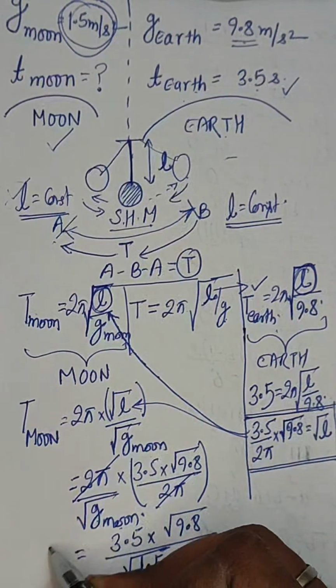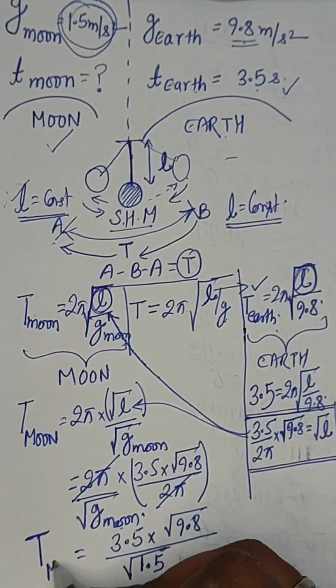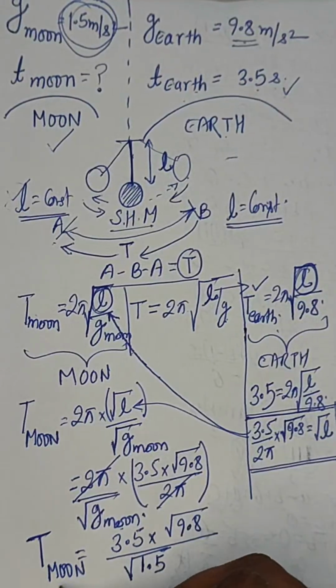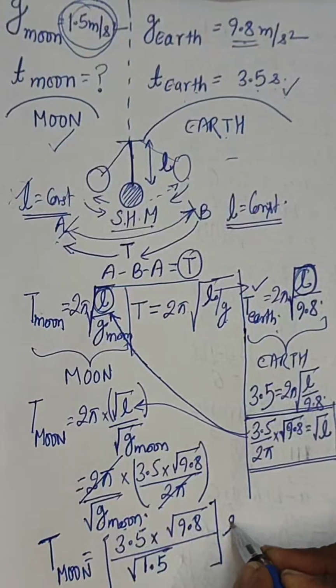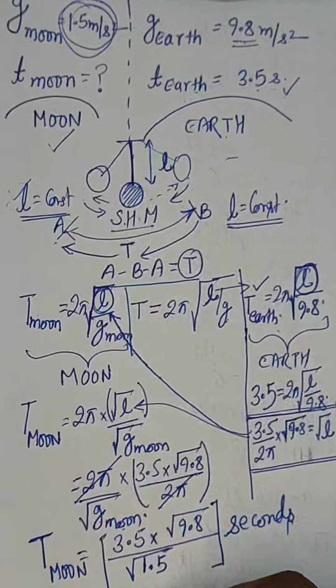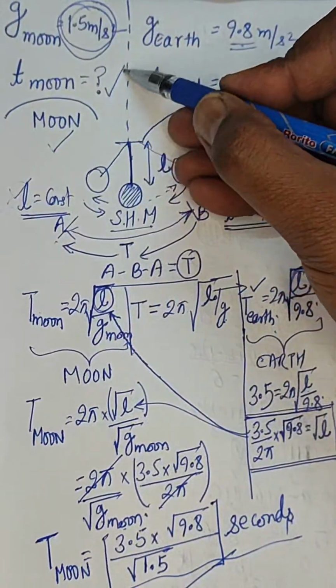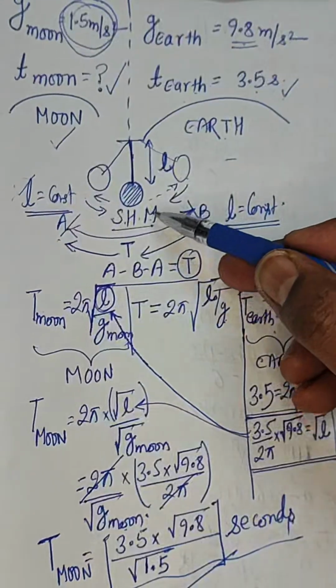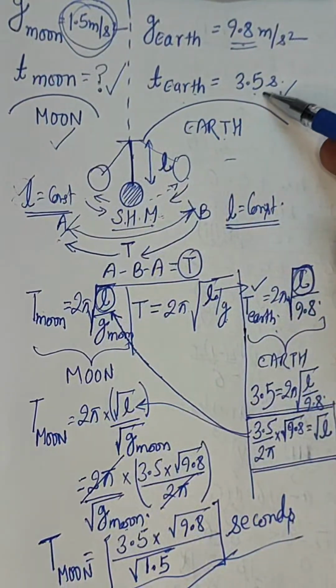When you solve it, my dear friends, you get the time period of oscillation of the same pendulum on the moon, and the unit will be in seconds. Just solve it and get your answer. This will give you the time period of oscillation on the moon for the same pendulum which was oscillating on the earth with a time period of 3.5 seconds.